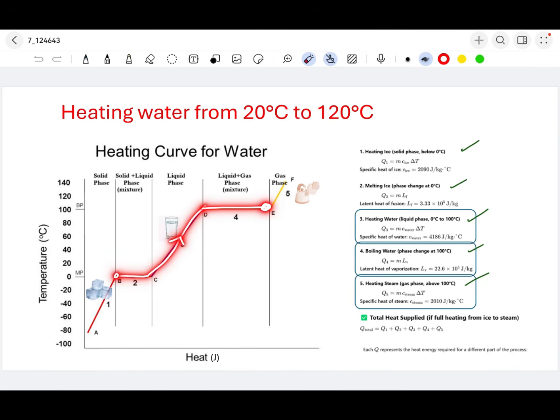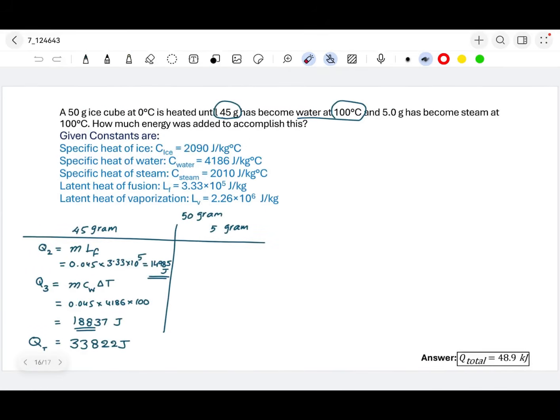So this process total is step 2, step 3, step 4: melting of ice, heating of water, boiling of water. So M into LF, here MC delta T, this is for water, and M into LV.